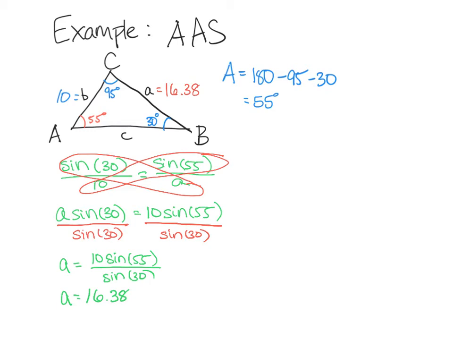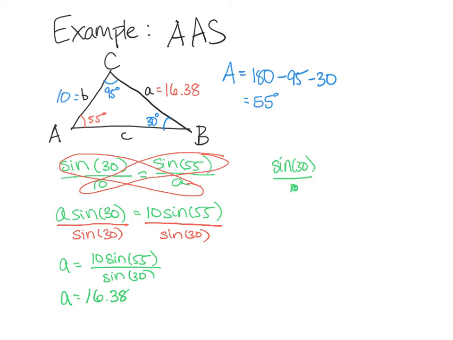What we can do, however, is do this work again, but now find side length C. Like I said, it didn't matter which side you started with, you're going to get the same thing either way. So let's set sine of 30 over 10. And I can use my pair of A's if I want to. However, that has decimals, and I don't want to deal with that right now.